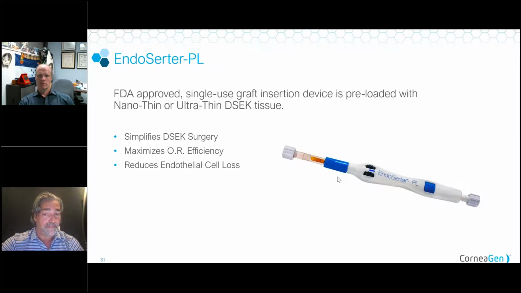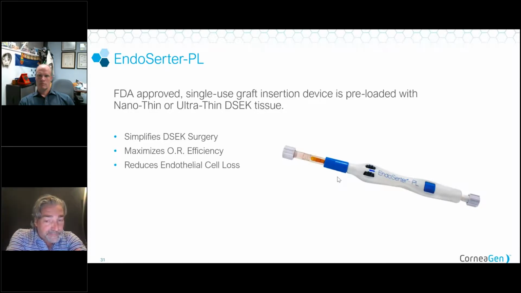that can go into the eye. But now it's preloaded. All you have to do is put it in the eye and then unsheath it like you normally do. I think it's going to be a 100% replacement, because your eye bank tissue will come this way. It'll be a pass-through charge for your tissue, and this device will be included in that pass-through charge, the way I understand it.